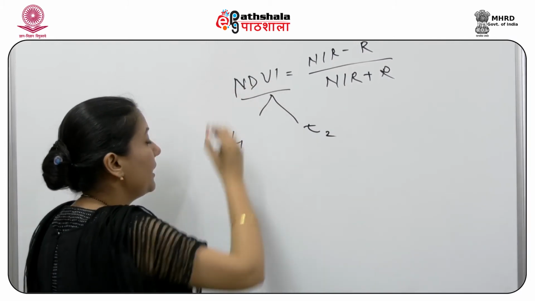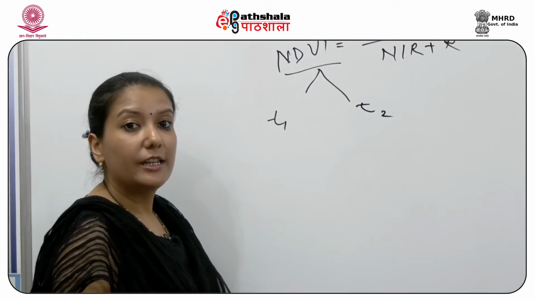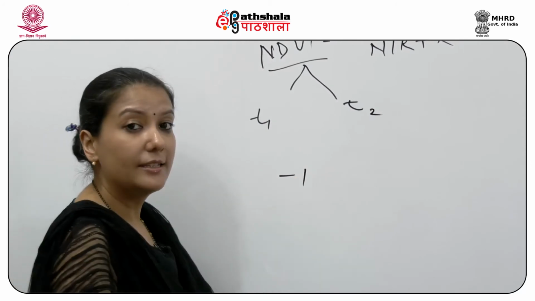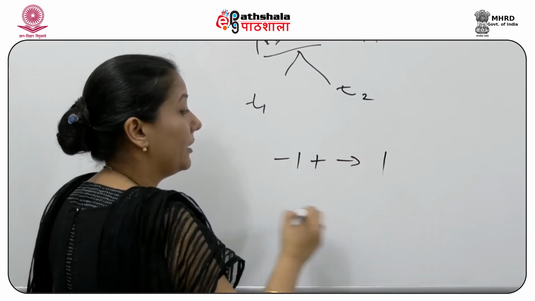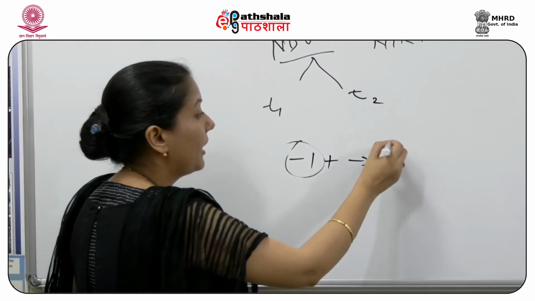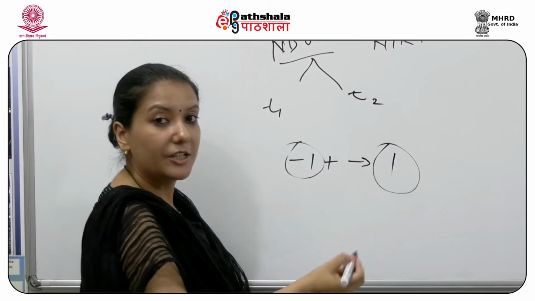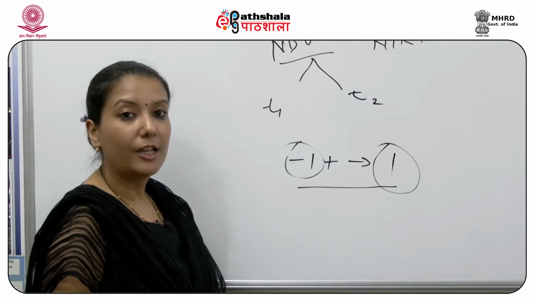Your NDVI value implies the health of vegetation at any particular time. Because it's a normalization, it varies between -1 and 1. A value of -1 means there is no vegetation, and 1 represents a very high value of vegetation, or healthy vegetation.